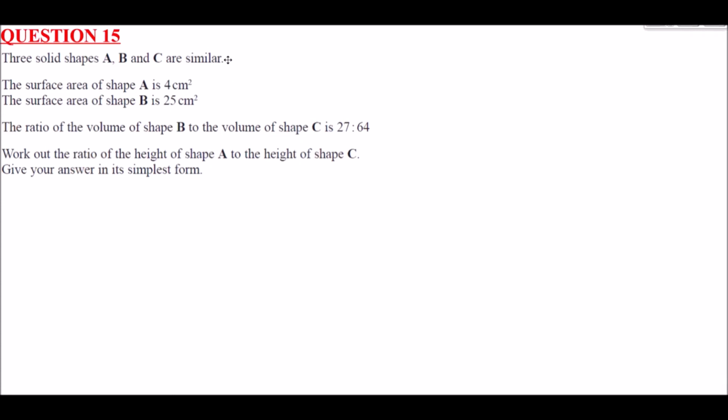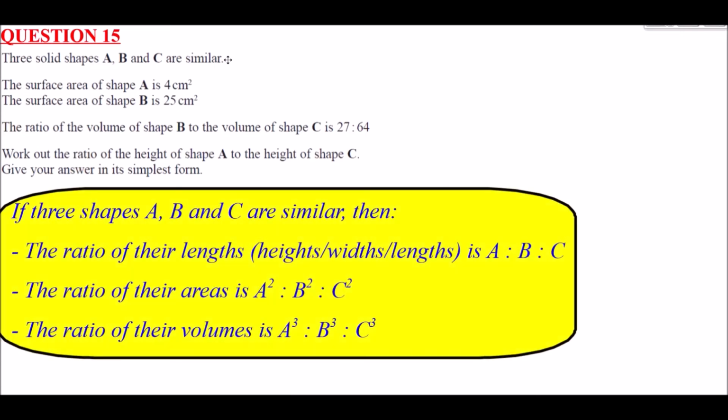So this is a case of linear, area and volume ratios of similar shapes. Now we need to remember a few key important concepts here. So I'm going to highlight them for you now. If three shapes A, B and C are similar, then we have the following.